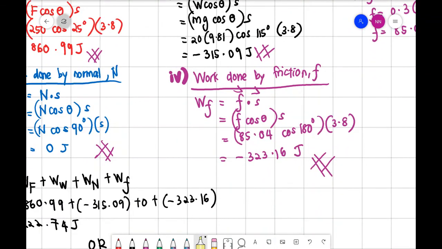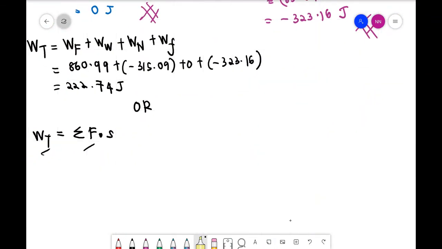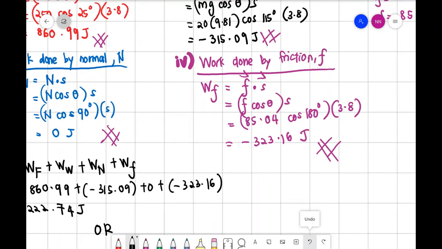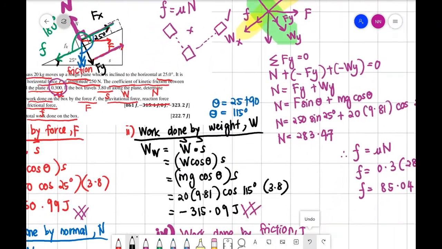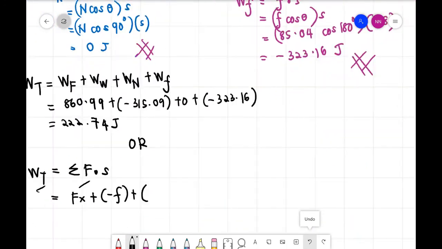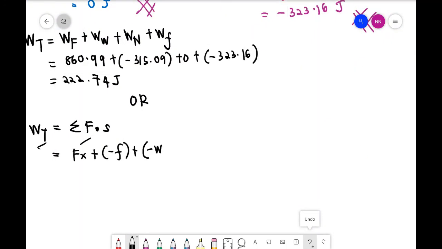So the net force will become Fx plus negative friction plus negative Wx.